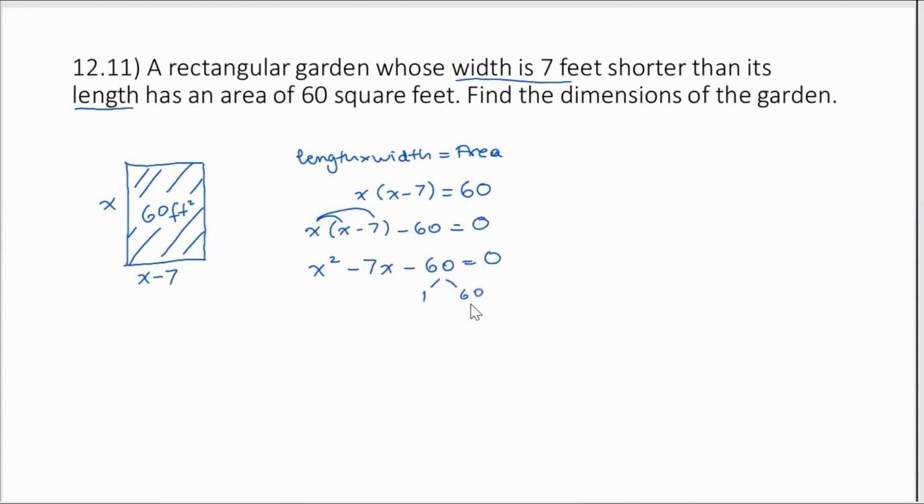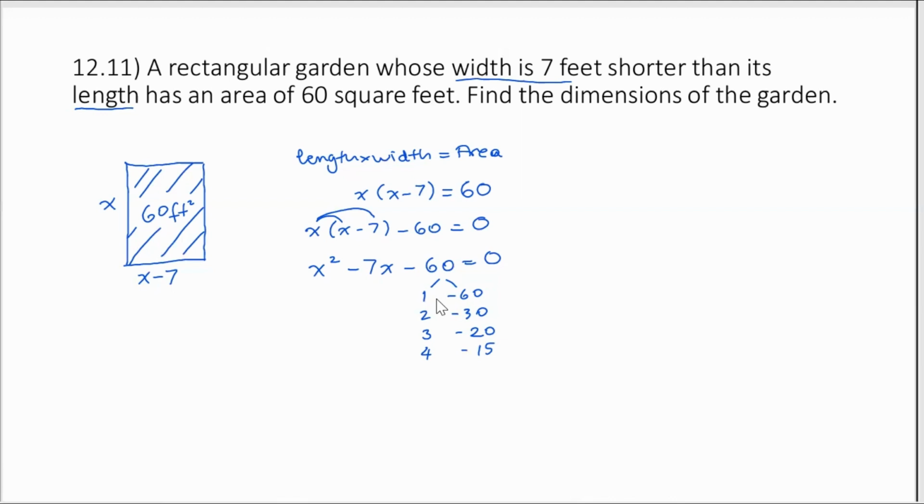1 and 60, 2 and 30, 3 and 20, 4 and 15. The product should be negative and the sum should also be negative. For the product to be negative, one of the factors should be negative, and for the sum to be negative, the larger number should be negative.